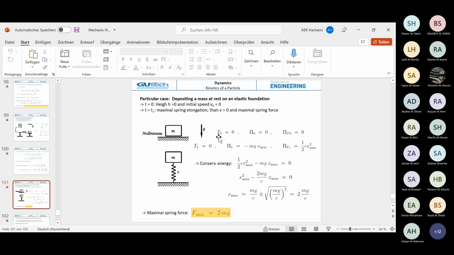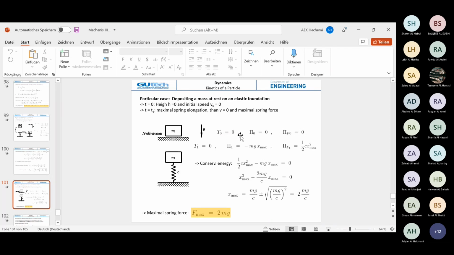Then we have the kinetic energy T0, which is equal to 0 as the velocity V0 is equal to 0. T0, as we said, is only half of the mass times the velocity squared. This is the kinetic energy. As V0 is equal to 0, this initial kinetic energy will be equal to 0.